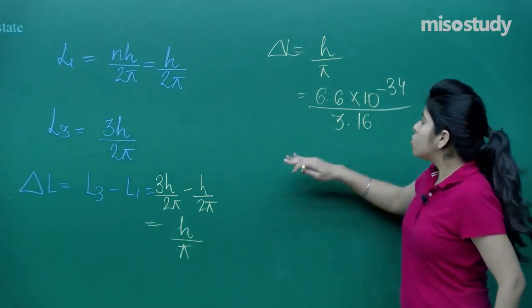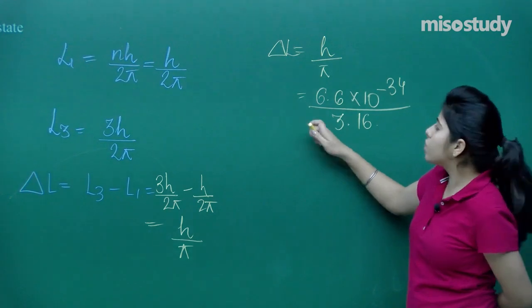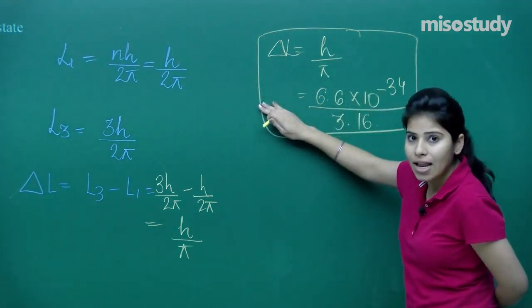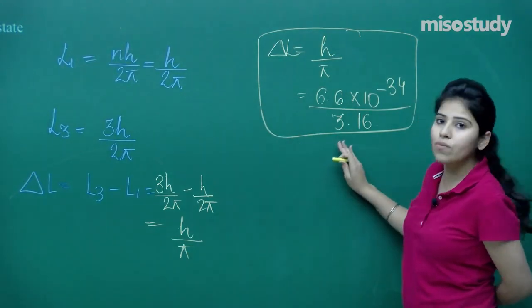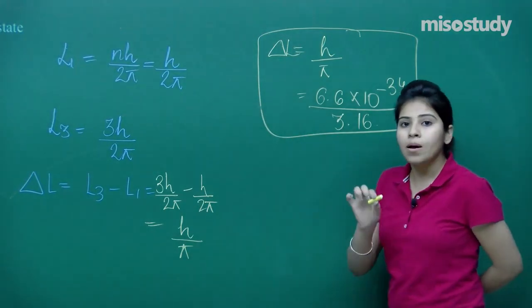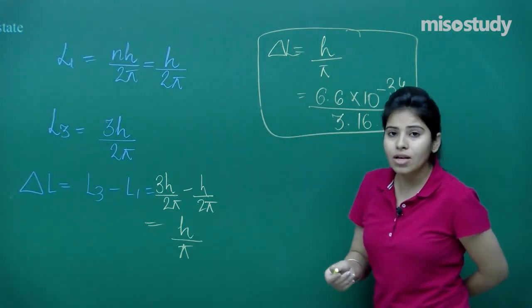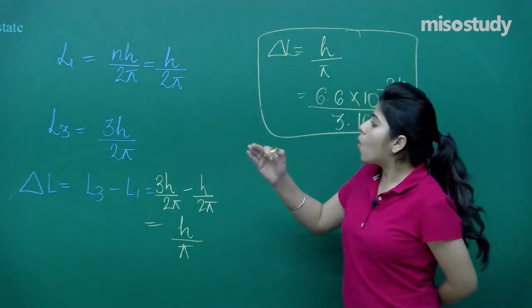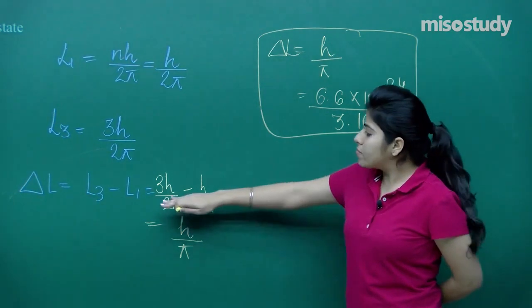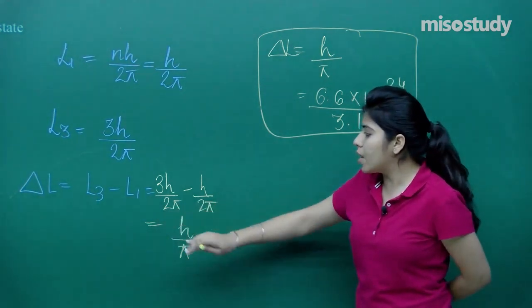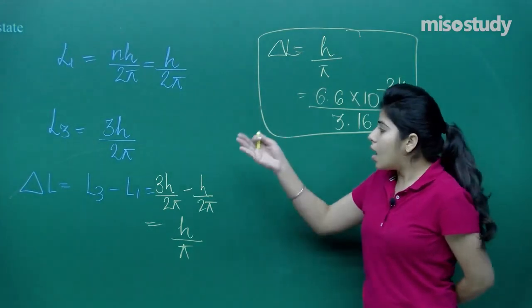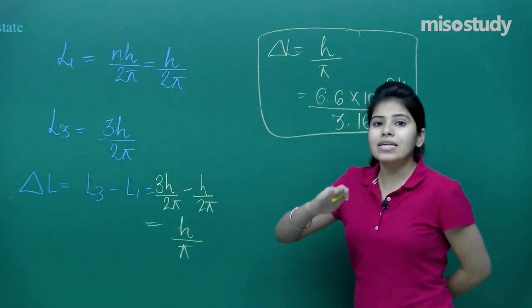Whatever your value of delta L is, you will see whether it comes out positive or negative, and that tells you whether it is increasing or decreasing. We have seen that our value has come out positive, so our momentum is increasing.